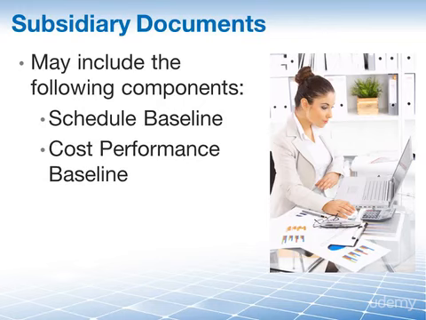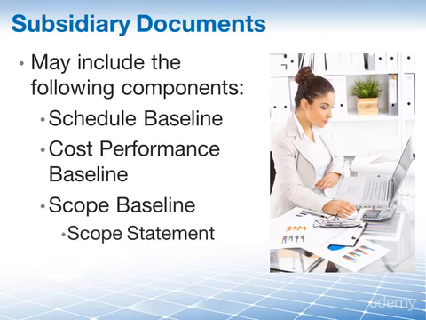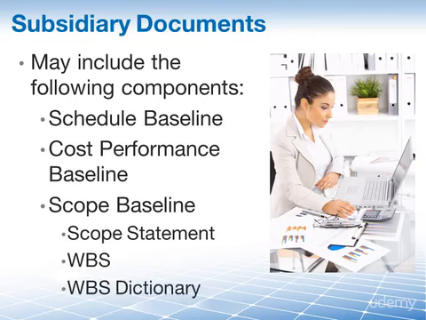Then there is the cost performance baseline. Like the schedule baseline, the cost performance baseline is your signed and approved budget. And then there is also the scope baseline. Again, a signed and approved baseline for your project, which, by the way, consists itself of 3 subsidiary documents, which are the scope statement, your work breakdown structure, the WBS, as well as your WBS dictionary.